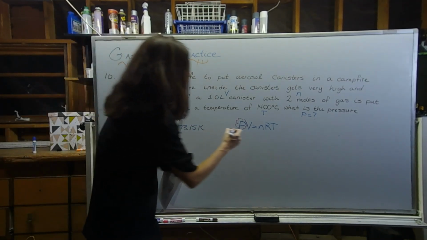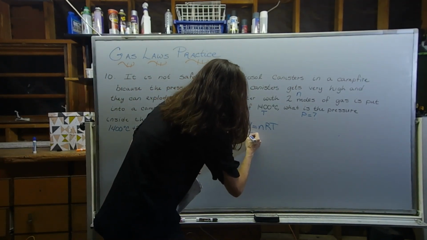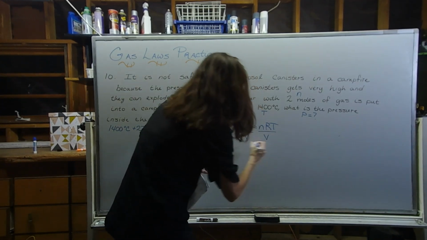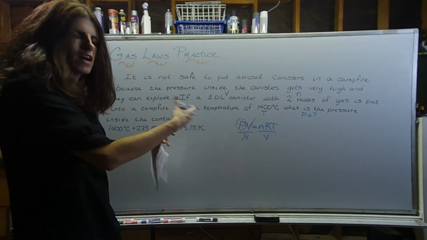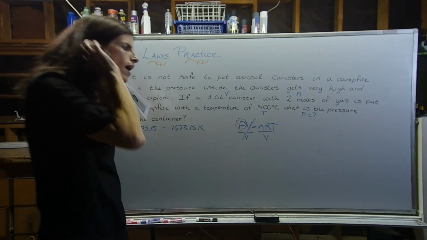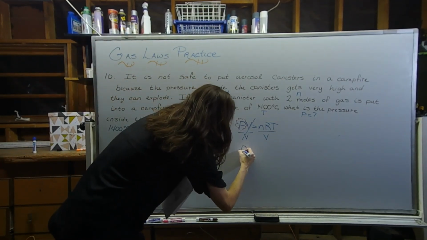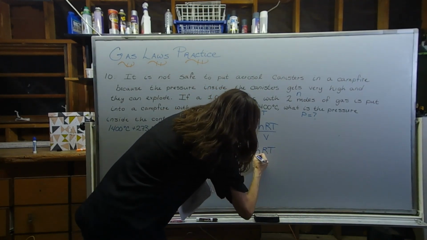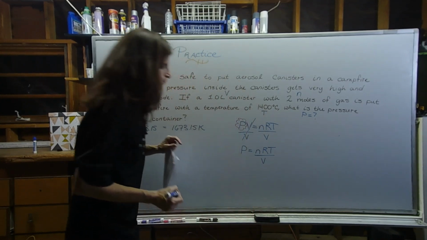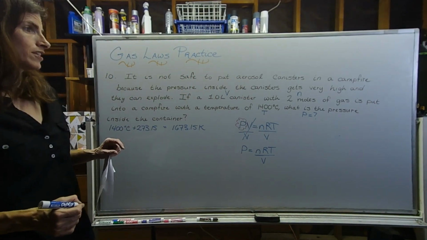Again, completely up to you if you have your way and it's working. So the 2 V's will cancel. I divided by V on both sides, and now I have pressure equals nRT divided by V.